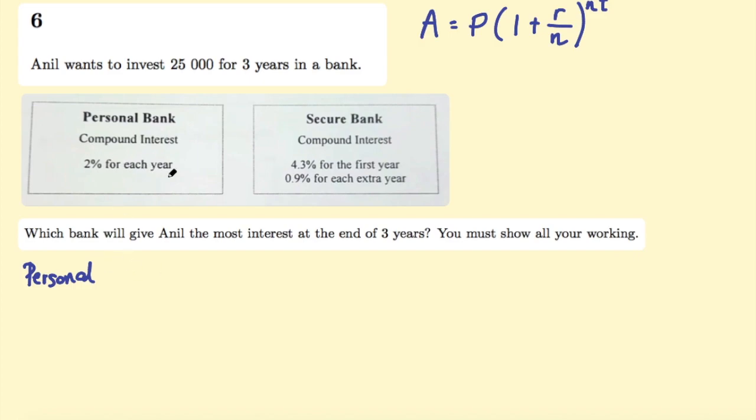So for personal bank, let's use our compound interest formula to work out what we'd end up with after 3 years, and basically we just need to make sure we plug in the correct numbers and get the correct answer out.